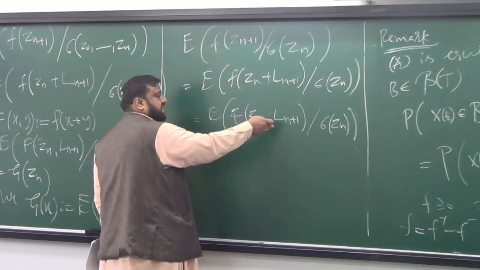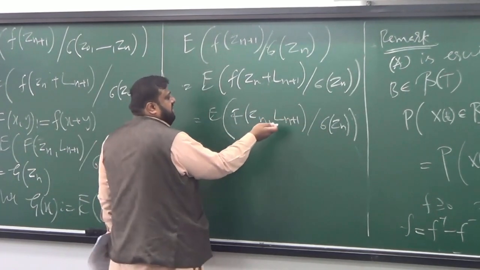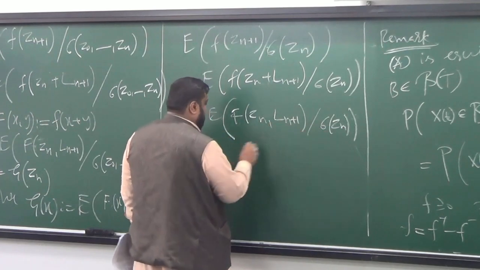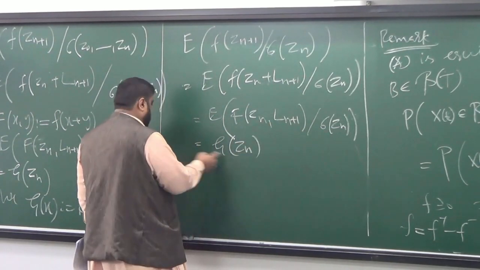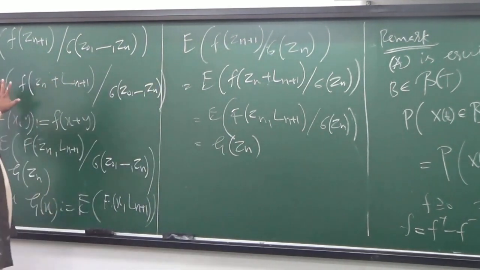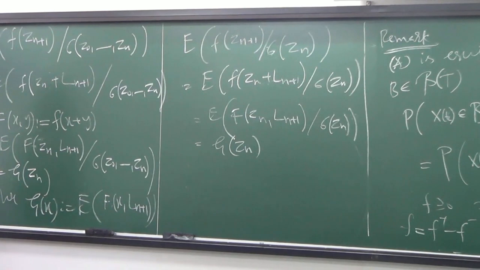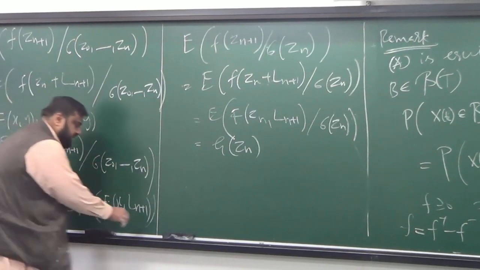If I fix this, this must be the same as independent of this. So this would be again g of Zn. Again g of Zn. So you have equality. This shows that this random walk explicitly satisfies the definition of the Markov process.